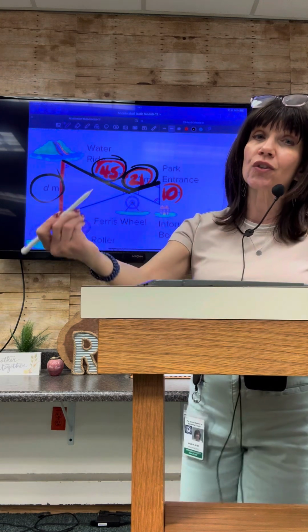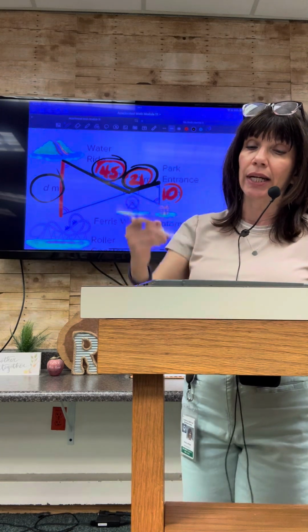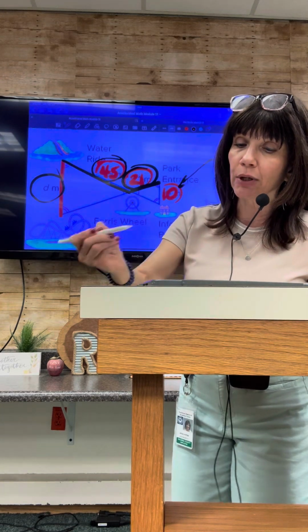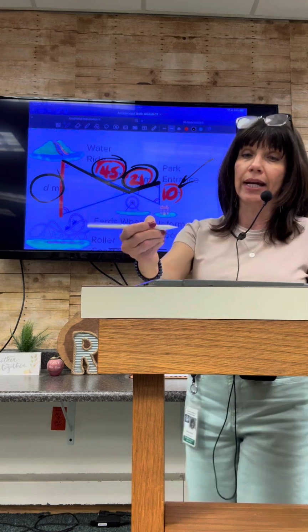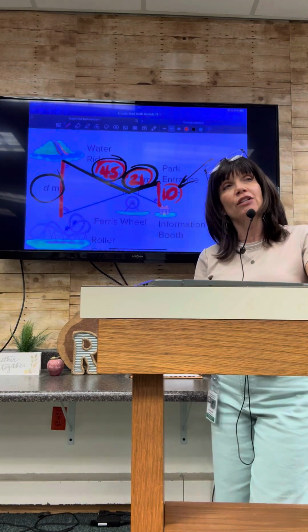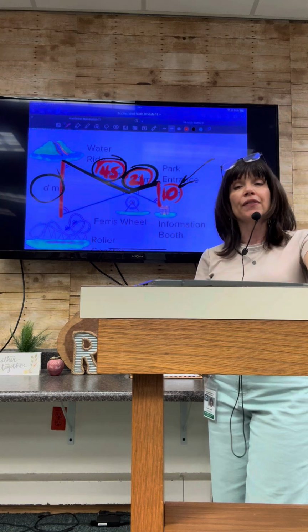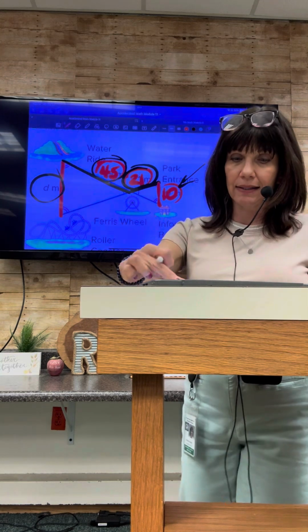Across from the small side, 21, you will want to write what number for the height of the small triangle? 10. You'll want to write 10. Then when you cross multiply and divide by lonely number, will you get the missing side? Yes.